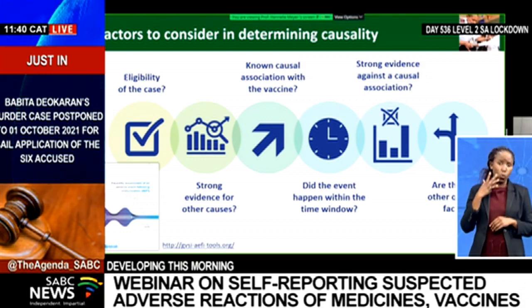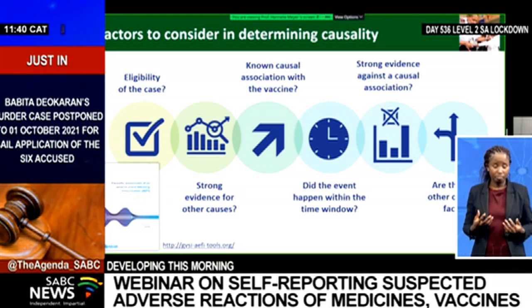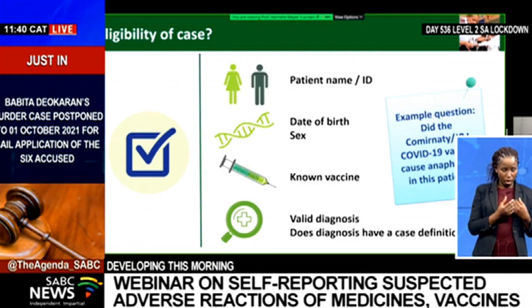This means that you go through a systematic review of all the data, in other words, all the documents and the data collected during the case investigation to determine whether there is a likelihood of a causal association between the event and the vaccine. So now we will look at each of these factors.